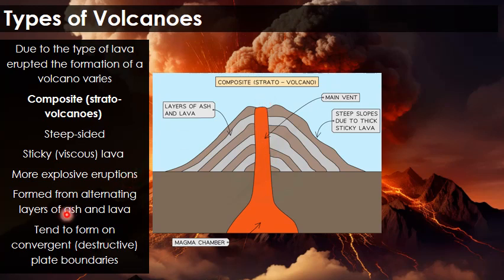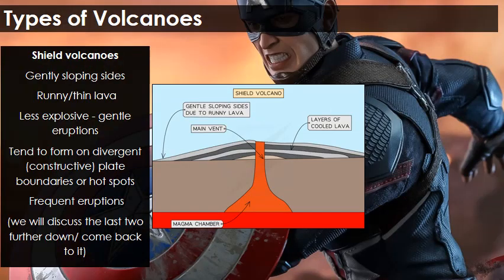From the magma. So it tends to form on convergent or what are called destructive plate boundaries. We'll talk about this, so just put a pin on it, and you'll get it in plate tectonics. But basically, it's when tectonic plates are moving towards each other.